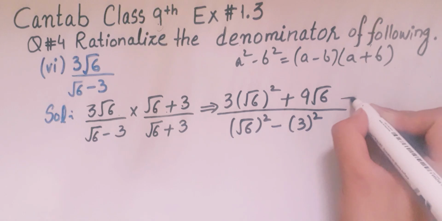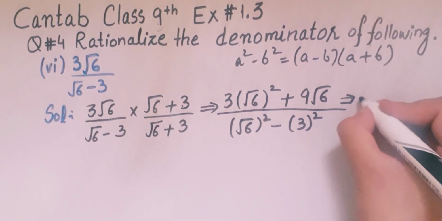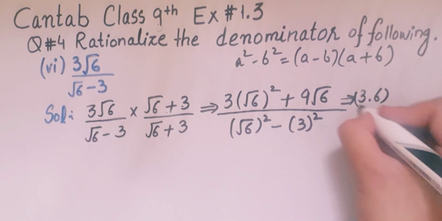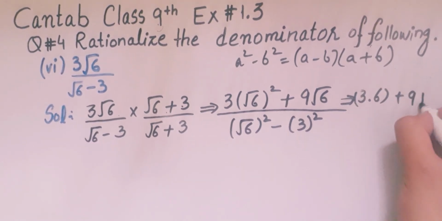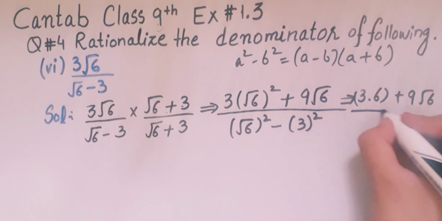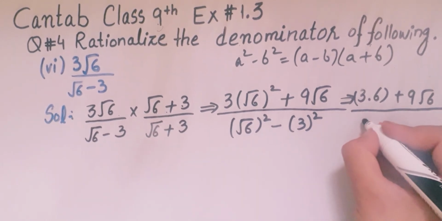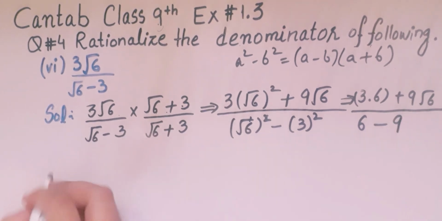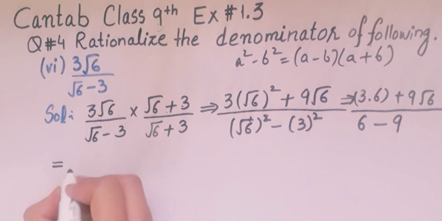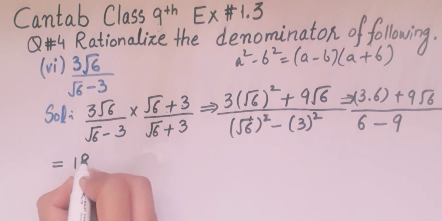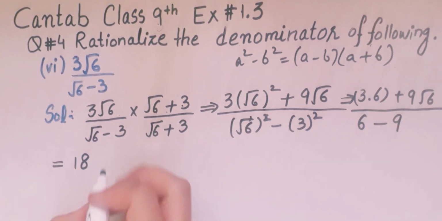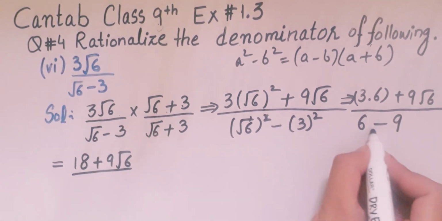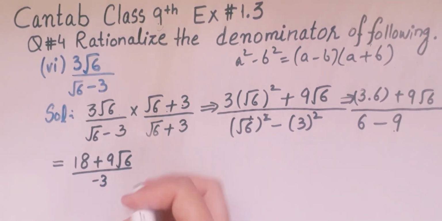Now we have 3 multiply 6 plus 9 square root 6 by, this square will be cancelled by this square root, 6 minus 9. Now we have 18, 3 multiply 6 is 18, plus 9 square root 6 by 6 minus 9 is minus 3.